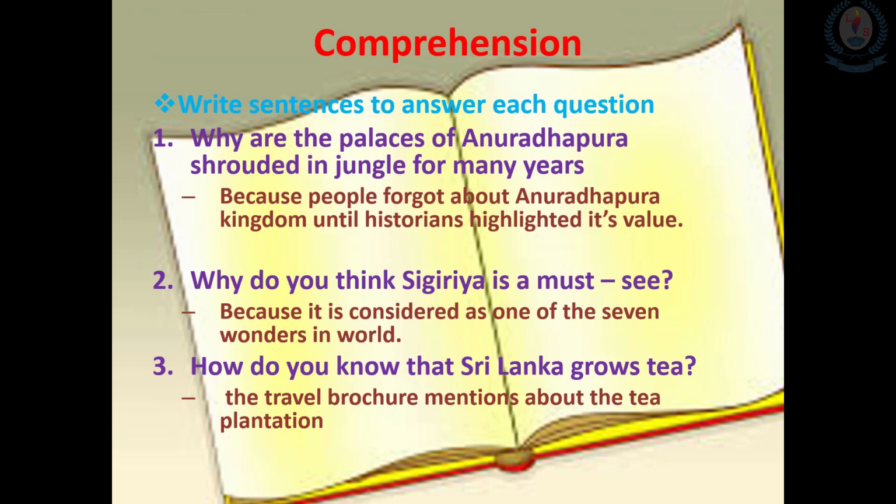Now I am in part B. It means I am in section B. Write sentences to answer each question. Why were places of Anuradhapura shrouded in jungle for many years? Because people forgot about the Anuradhapura kingdom until historians highlighted its value.